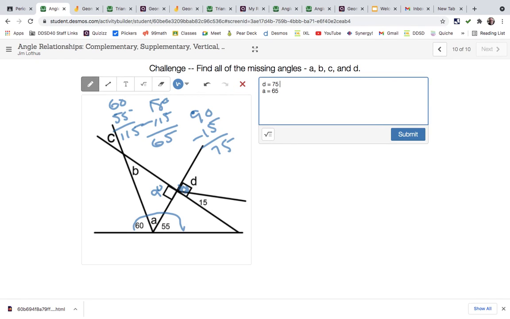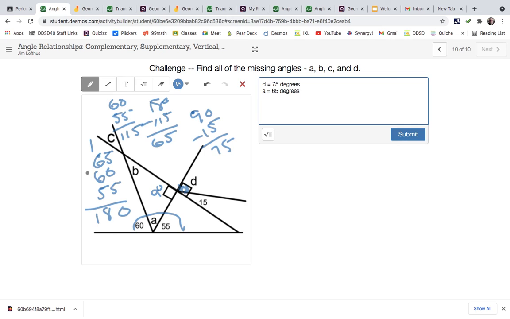And these are all degrees. So, excuse me, A is 65. We're just going to double check. 65 and 60 and 55 is 180. Yep.